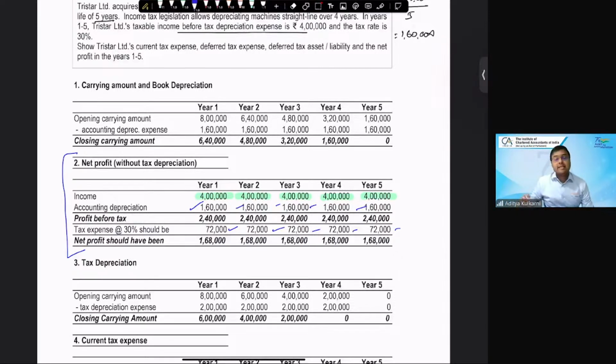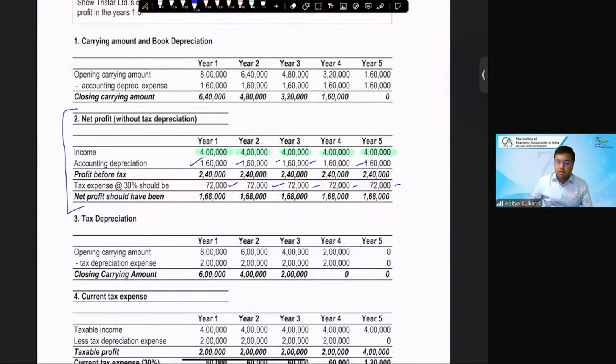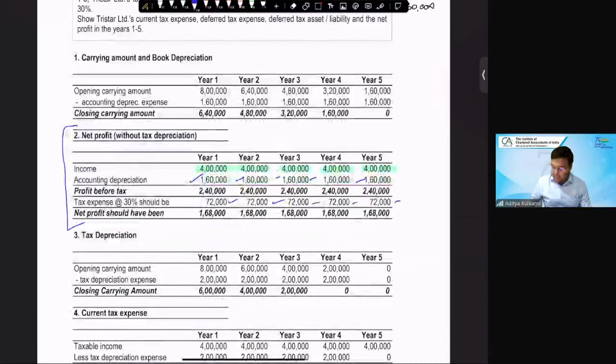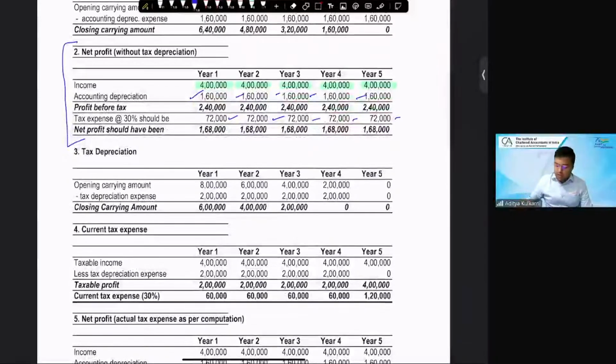Now, the income tax law gives you a depreciation over a 4 year tenure. So 4 year tenure means my annual depreciation comes to how much? 2 lakh rupees, right? And in the 5th year, there won't be any depreciation. So each year I will get a deduction of depreciation of 2 lakhs, and in the 5th year, it will be zero.